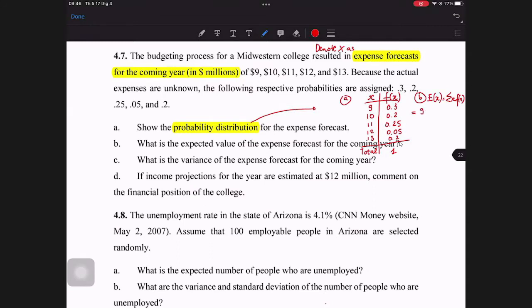So here we have 9 with 0.3, 10 with 0.2, etc. And then we have the sum here. Okay, so the sum here is $10.56 million.